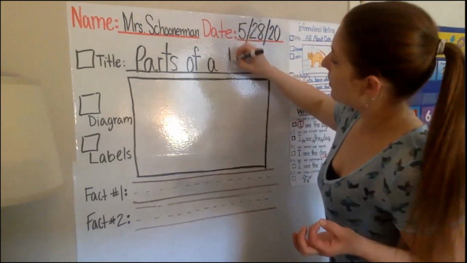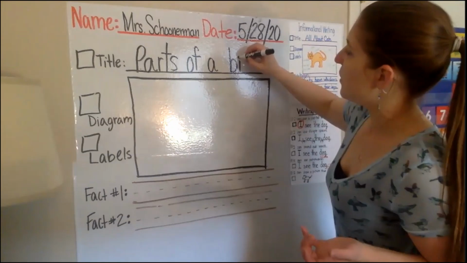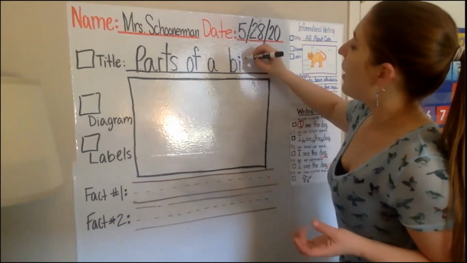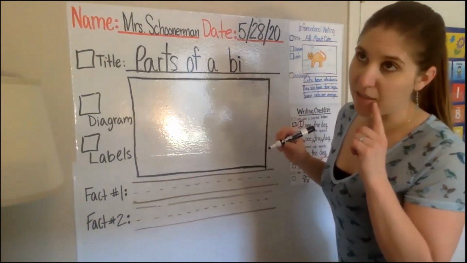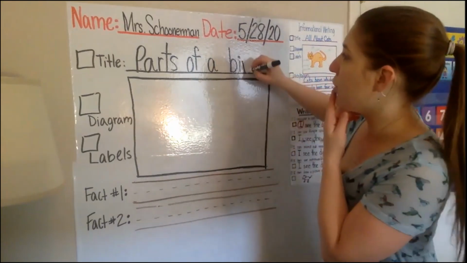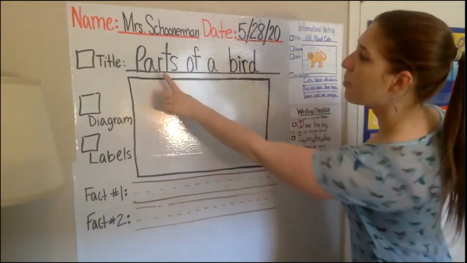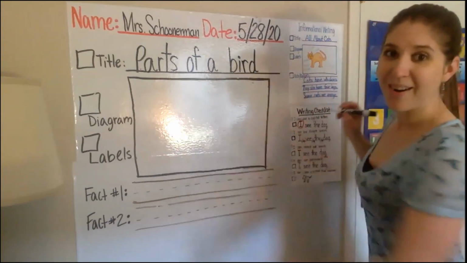B. Starts with a B, B. And it's a little hard to hear this. There's an I. Then you can hear the rest of the letters in this word. Bird. There we go. Parts of a bird.